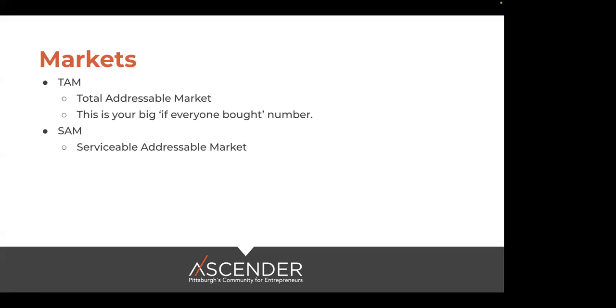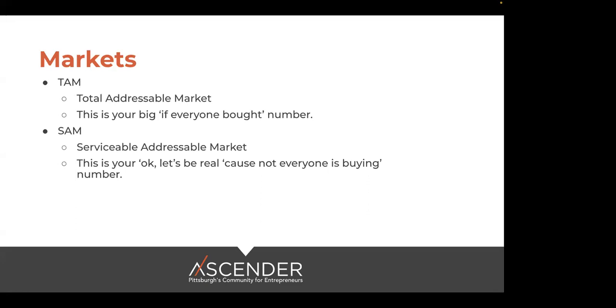But your SAM is your serviceable addressable market. So this number is the, okay, let's be real, because not everybody's buying. In the TAM, I said anybody who's buying a car. But we know that if you're making a high-end luxury electric vehicle, like a rival to Tesla, not everybody is going to buy that. Some people don't believe in electric cars.